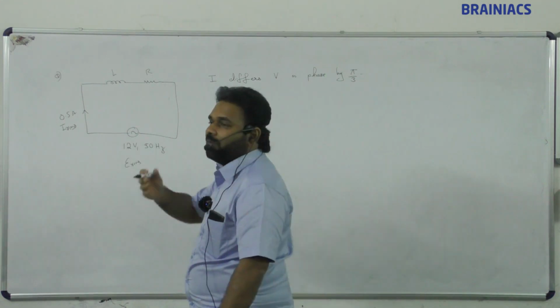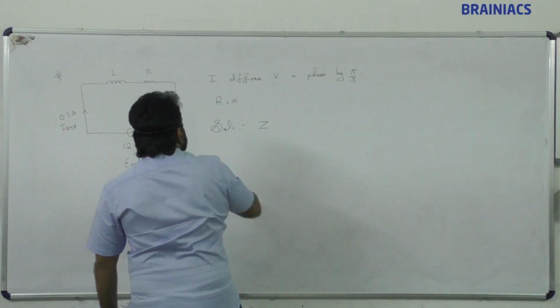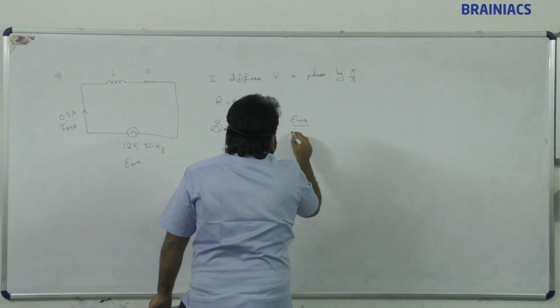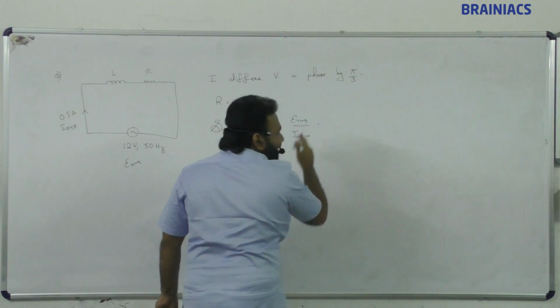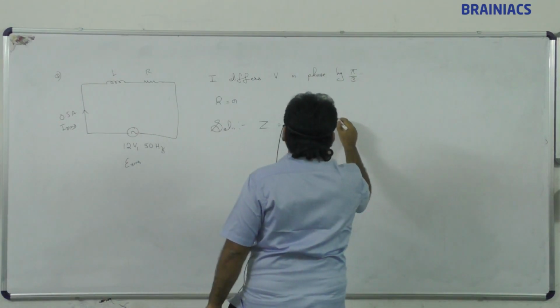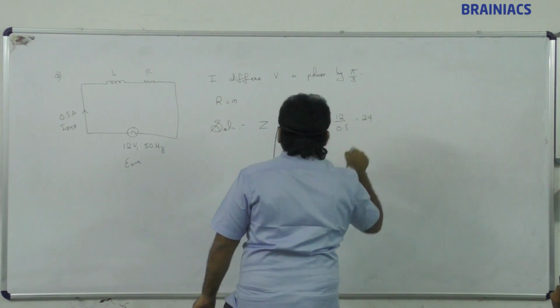I told you, if they have given something, that is always RMS. So this is I_RMS, this is E_RMS. So Z is equal to E_RMS by I_RMS. Very easy, right? So this is 12 divided by 0.5, which is going to be 24.